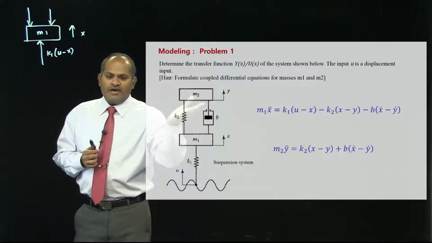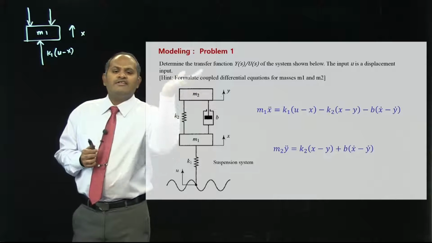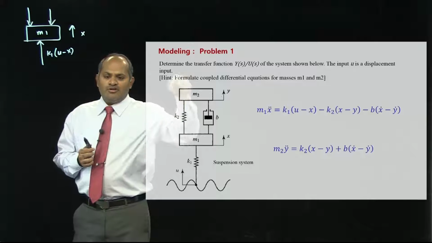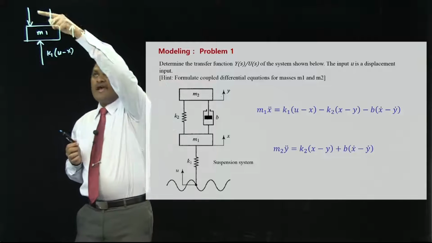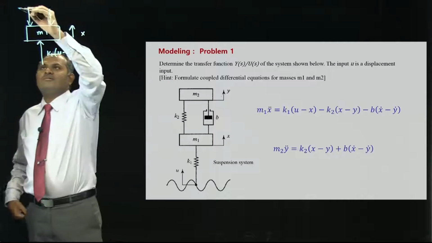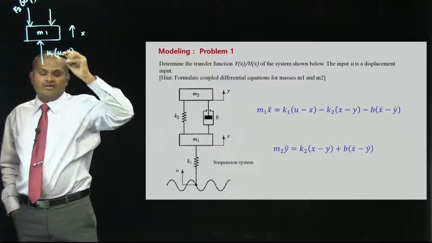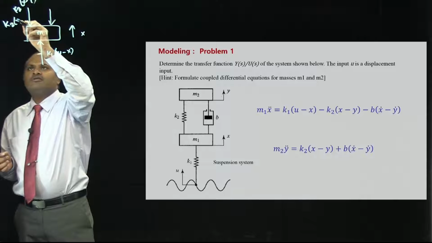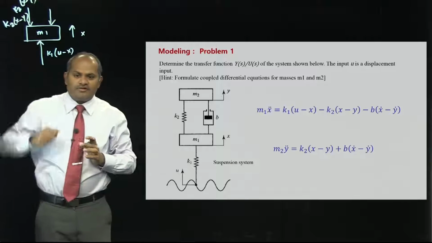The opposing force acting in this direction will be K2 into (x minus y).